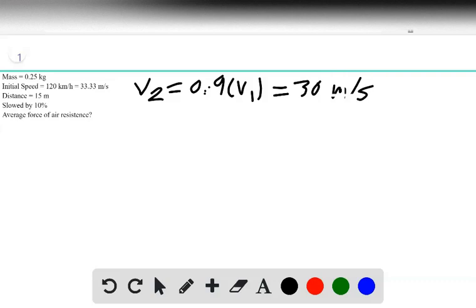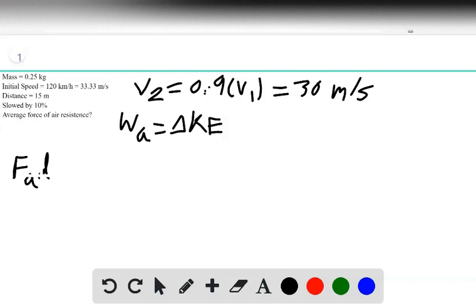Now we know that work is equal to the change in kinetic energy. So the work by air resistance is going to equal the change in kinetic energy. And work is force times distance, so F_A d.